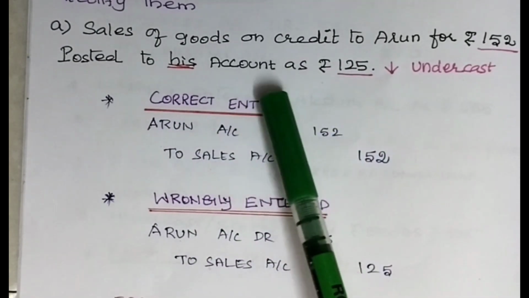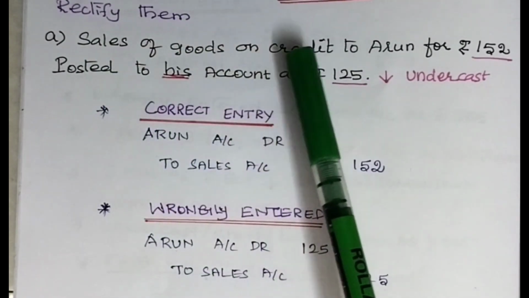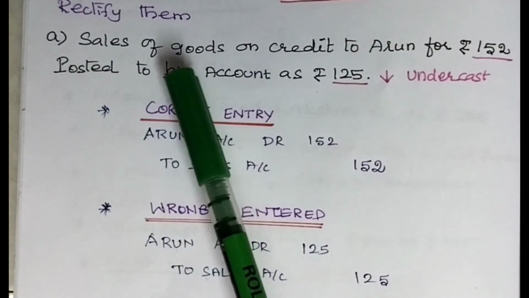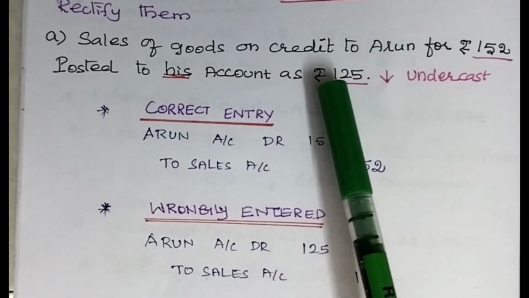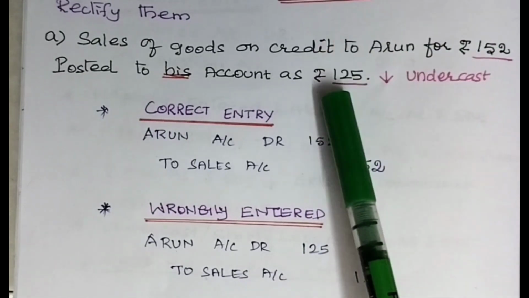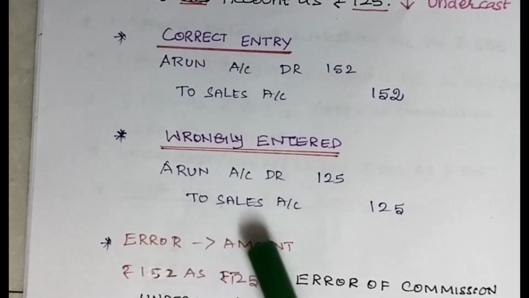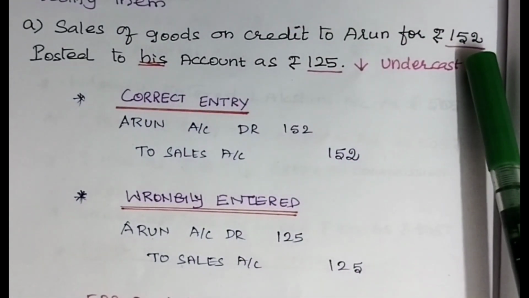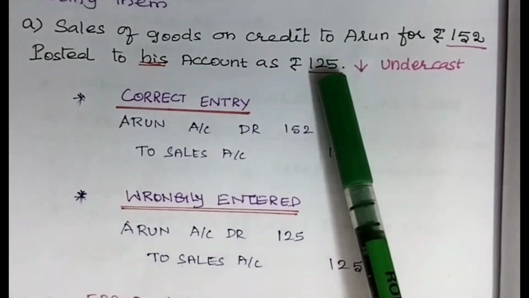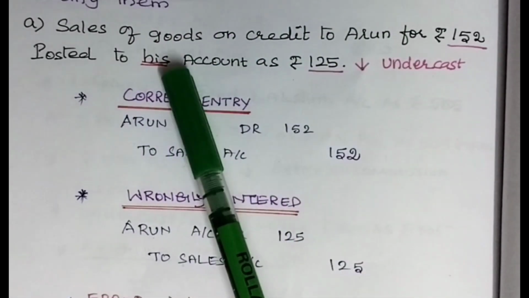So where is the error? Listen. Sale of goods on credit to Arun for rupees 152 posted to his account as rupees 125. The amount is the error. Instead of 152, an accountant entered 125 in Arun's account.